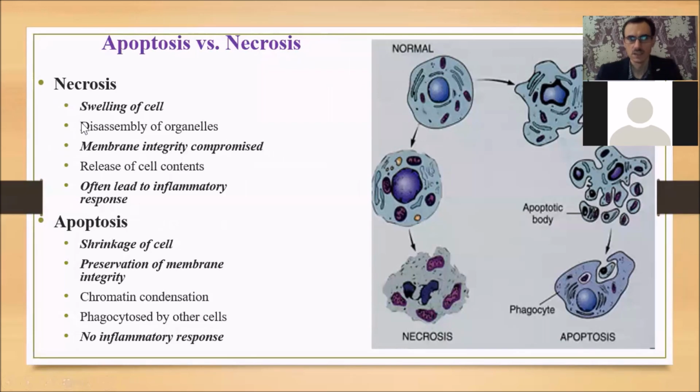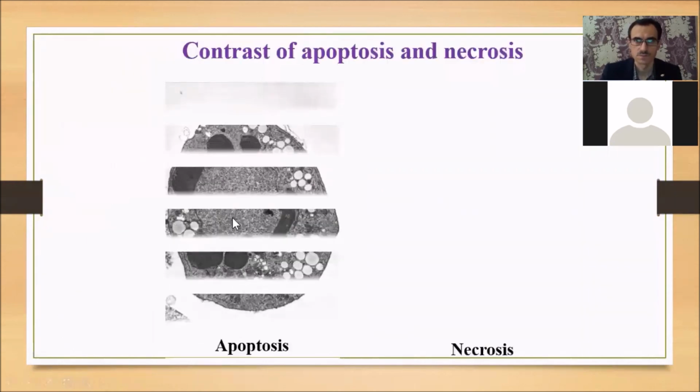For example, in necrosis we see swelling of the cells, but in apoptosis shrinkage of the cells. In necrosis, we find disassembly of the organelles and membrane integrity is compromised, but in apoptosis the membrane integrity is preserved. Also, chromatin condensation we can find in apoptosis, and no inflammatory response develops in the adjacent structures in apoptosis, but in necrosis there is an inflammatory response.